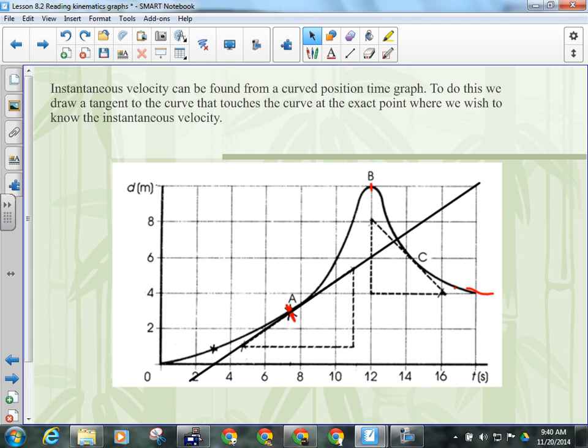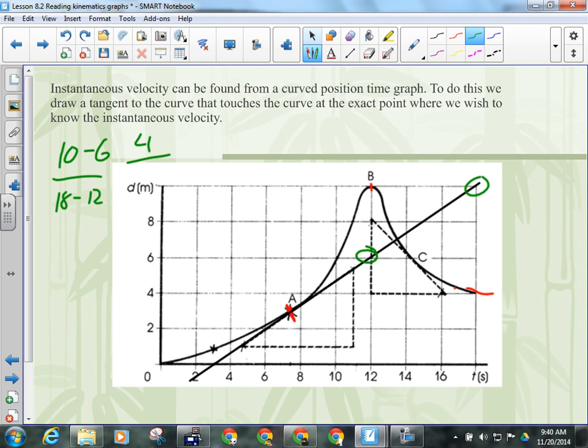I'm going to use this point here and that point there. They're good grid intersections. So I'll have 10 minus 6 over 18 minus 12. So I got 4 over 6. No, 0.67, not 0.75, 0.67 meters per second forward. That's how fast it was going at point A.